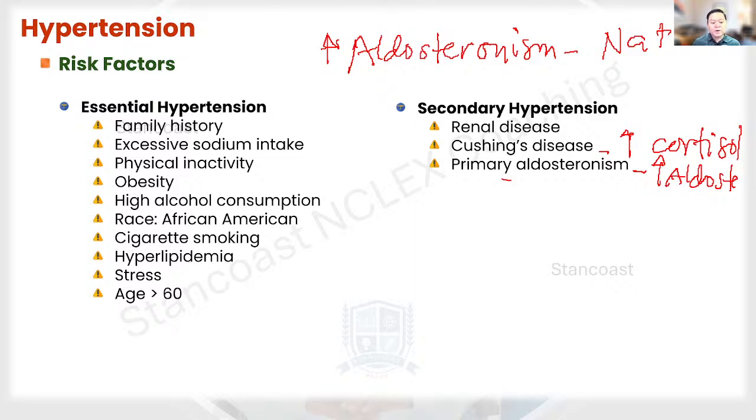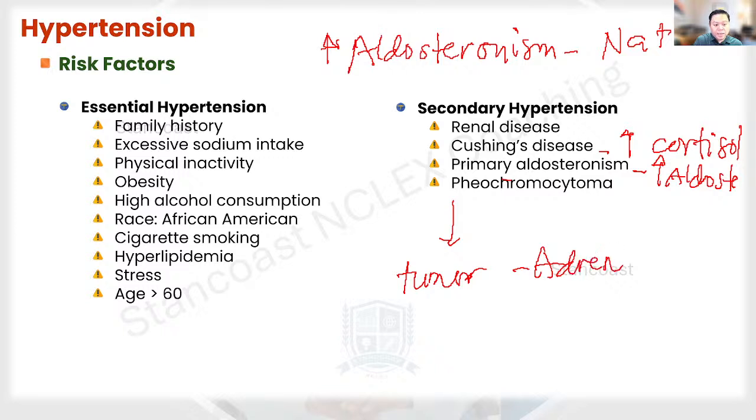Now, another problem here is the pheochromocytoma, which is basically a tumor growing in the adrenal gland.